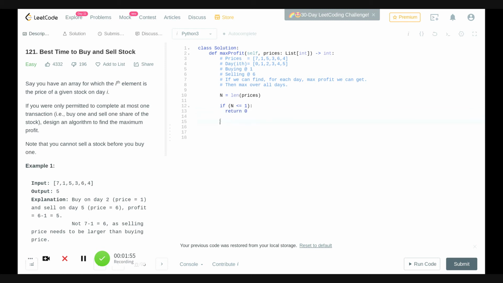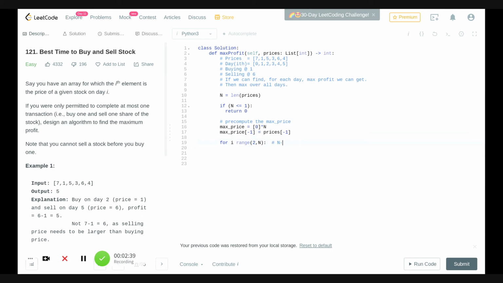Now let's pre-compute the max price. Max price equals 0 times n. We assign max price of the last day equal to prices of the last day, and then we loop in reverse order from n minus 2 to 0.